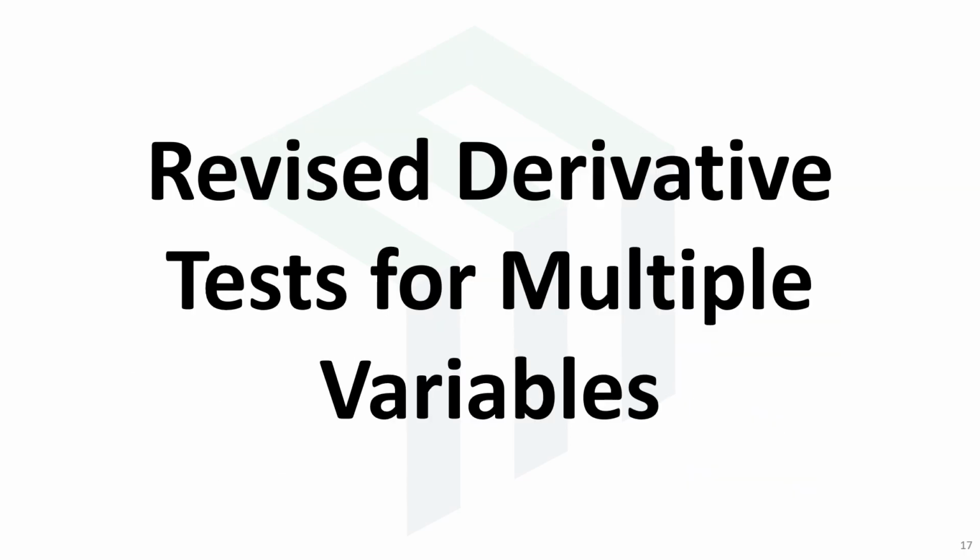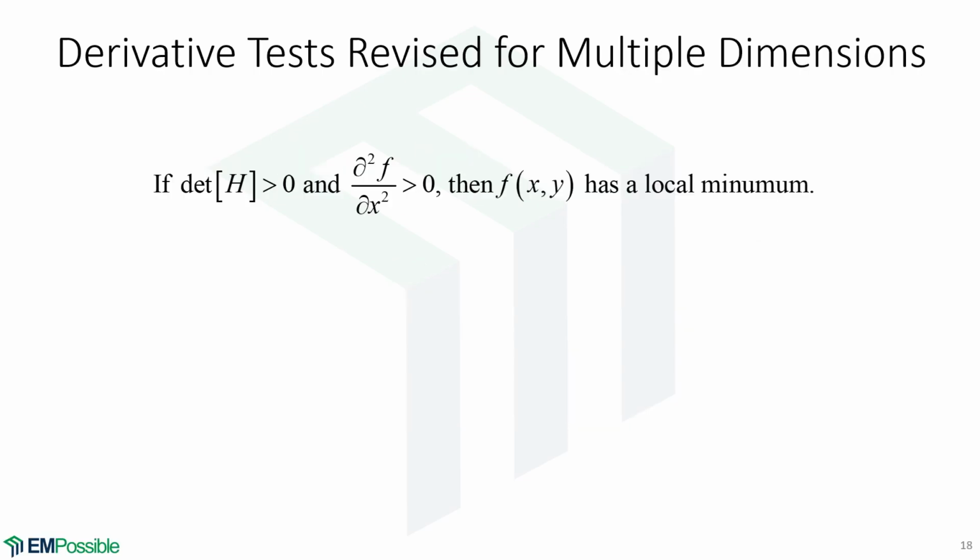Revised derivative tests for multiple variables. Here is our revised derivative test for multiple dimensions to determine whether we have a local minimum or local maximum. If the determinant of the Hessian is greater than 0, then we're thinking, hey, there's an extrema here.